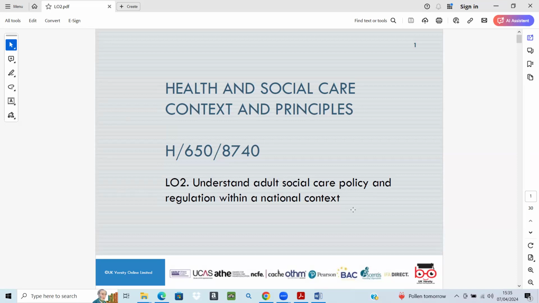Local authorities assess need, arrange services, and ensure that local care meets the national standards. These principles are important for ensuring the well-being and protection of vulnerable adults in our society. Again, if you have any questions, please feel free to ask me.